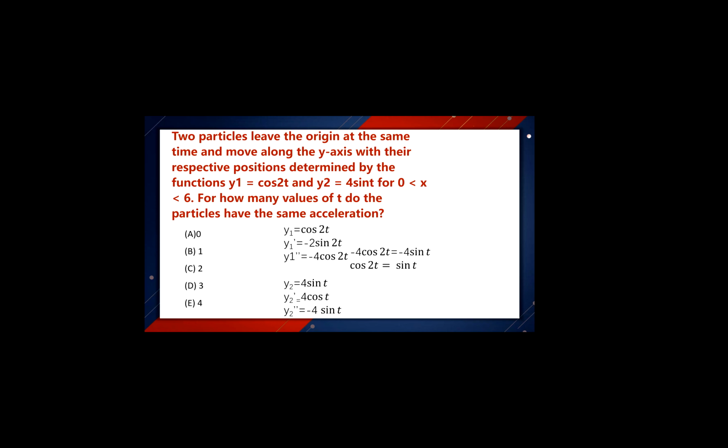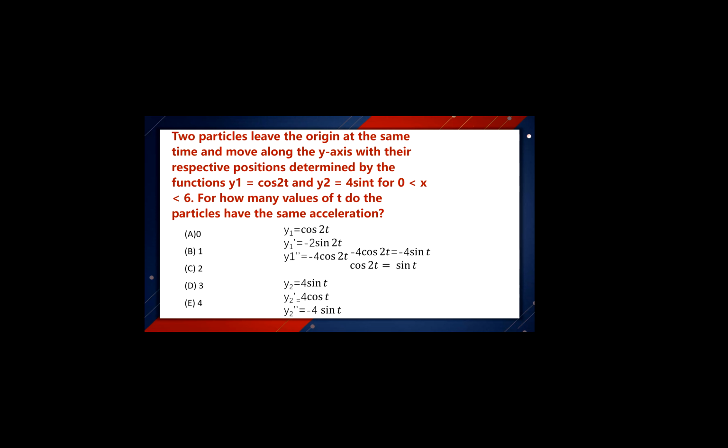So y1 equal to cosine 2t. The derivative of y1 is negative 2 sine 2t. Then the second derivative is negative 4 cosine 2t. y2 equal to 4 sine t, the derivative of y2 equal to 4 cosine t, then the second derivative of y2 equal to negative 4 sine t.